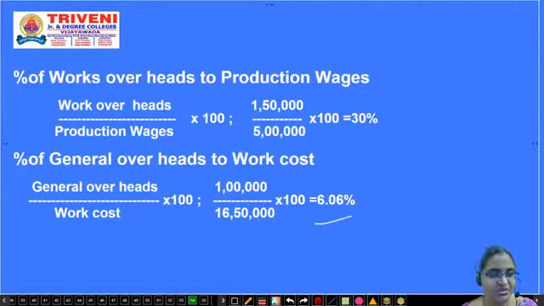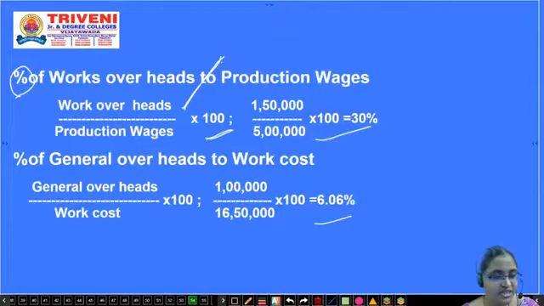In a simple way, you can know the formula. First, they ask for the percentage of works overhead to production wages. In simple words, you take the 'to', eliminate the 'to', and put the division. Now you read the formula: works overheads by production wages into 100. The percentage is taken as into 100. An easy trick for knowing the formulas. So the amount was 30%.